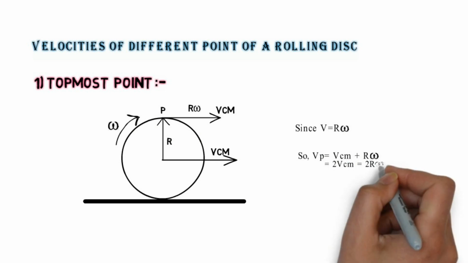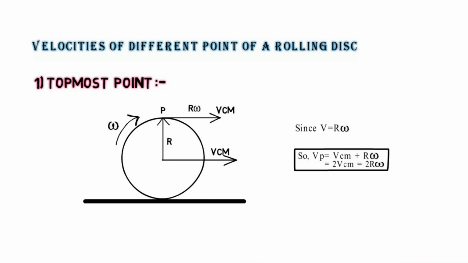So we can see that at the topmost point the velocity becomes double the velocity of the center of mass.